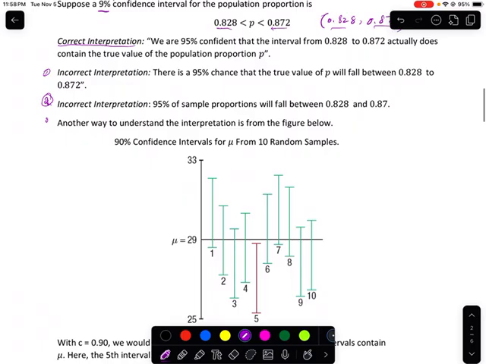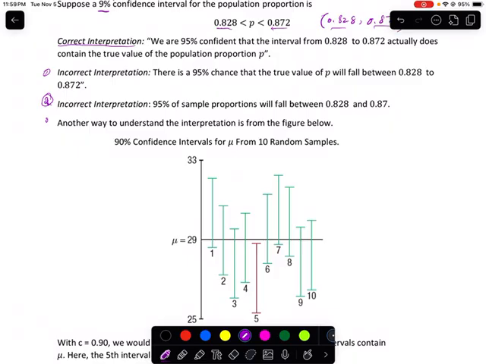If you were given: construct a 95% confidence interval for P or for mu, these are the only two parameters that you will be working with. So find a 95% confidence interval for the true proportion, for example.